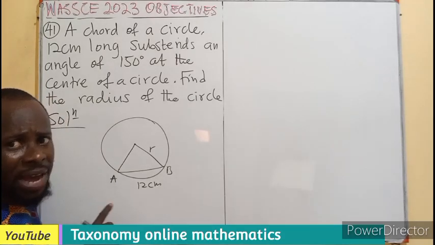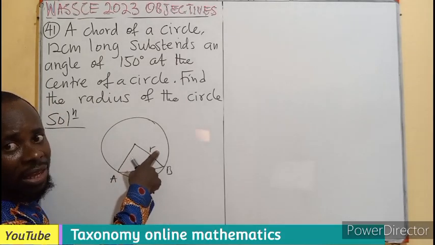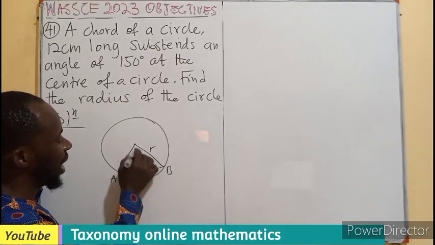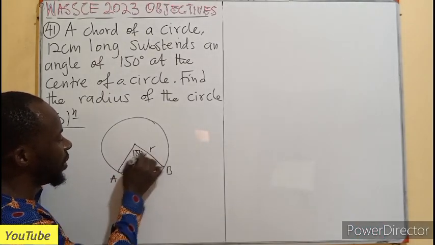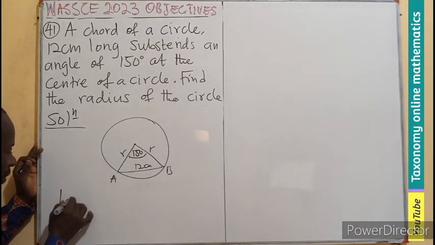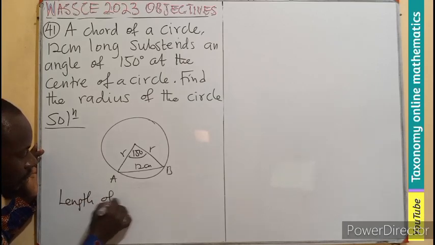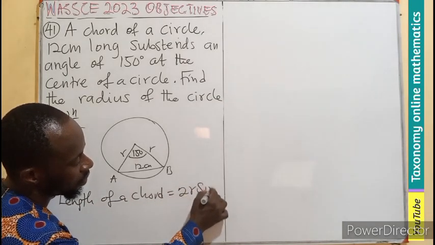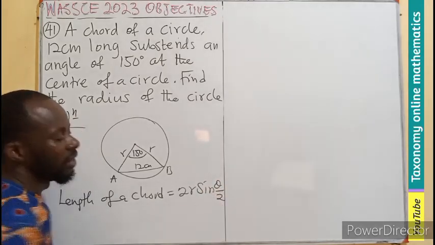Now there are two ways of finding the radius here. Let me put here 12 centimeter, and here 150 degrees. This will be R. We know that the length of a chord is given by 2R sine theta divided by 2.